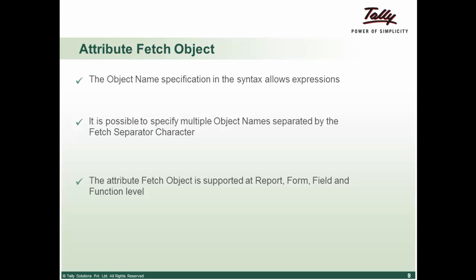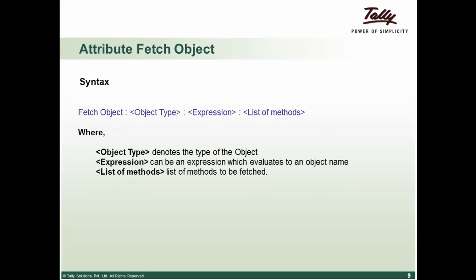Now talking about fetch object, the syntax goes as fetch object, object type, so this could be any primary object type, then an expression. Now there is a possibility that you would like to call multiple objects of a particular type and its methods. For example, in a multi-display report of stock item, you want to call all the items.